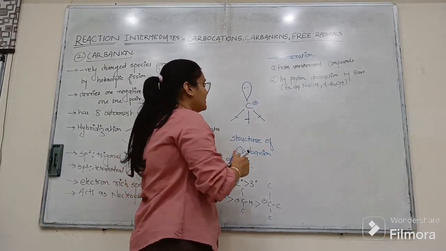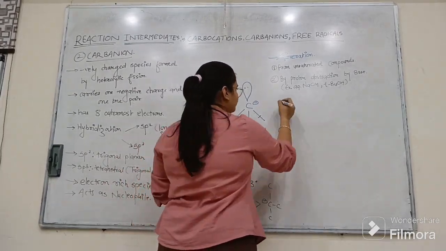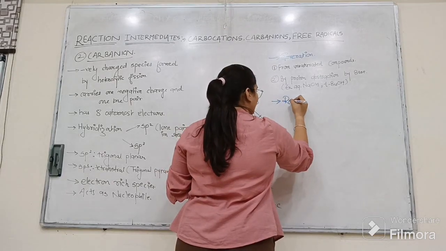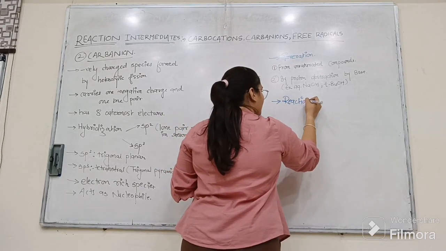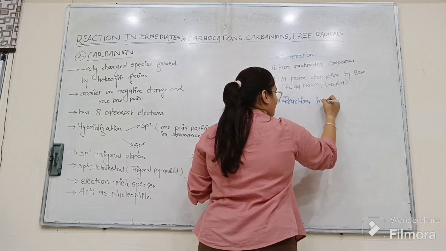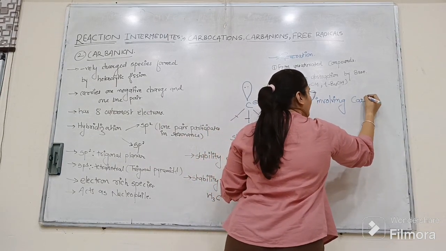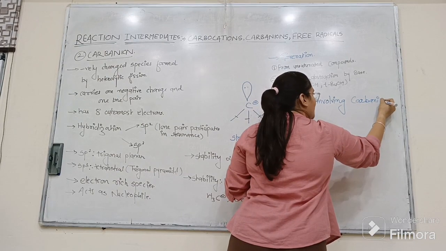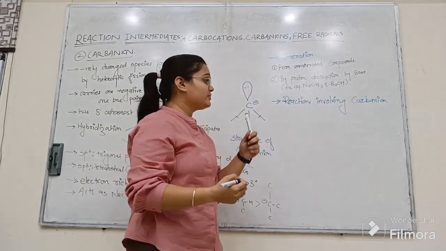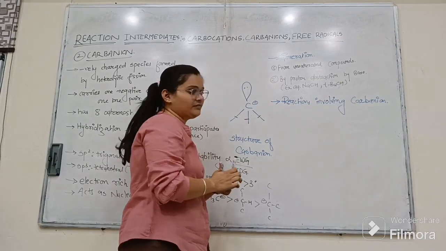And we get generation of carbanion. Next, let's discuss the reactions involving carbanion. There are certain reactions which involve carbanion as the reactive intermediate.